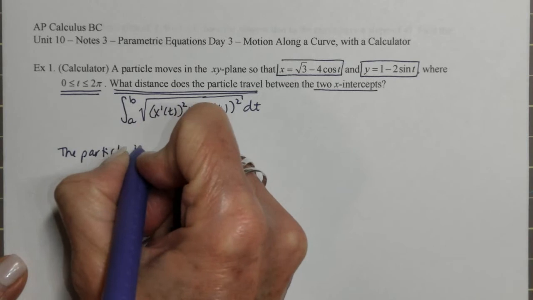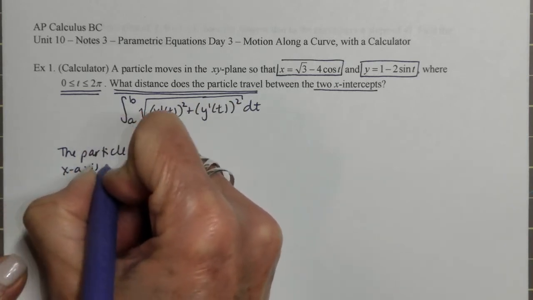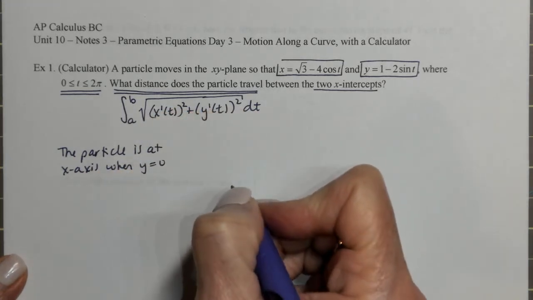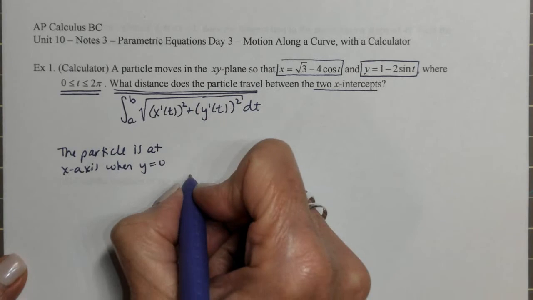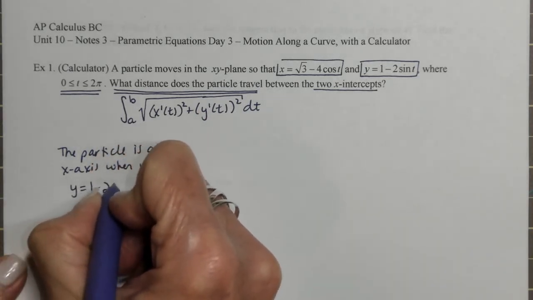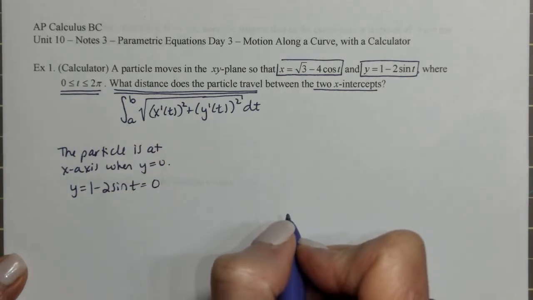The particle is at the x-axis when y is 0, right? That's when we're at the x-axis. So we want to set y equal to 0.